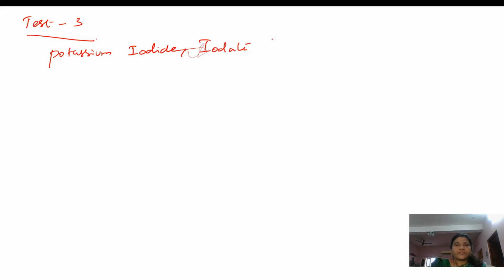And test 3 is the potassium iodide test.